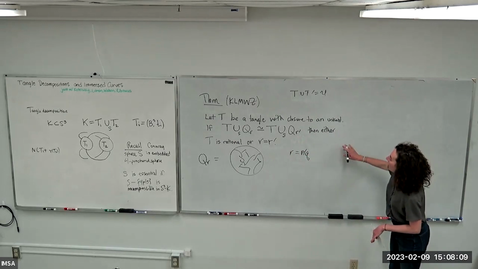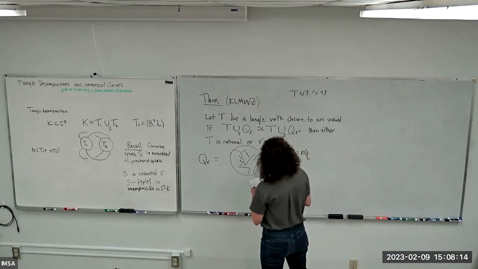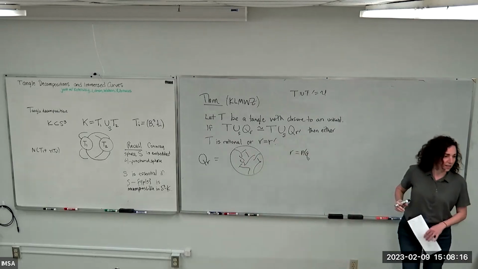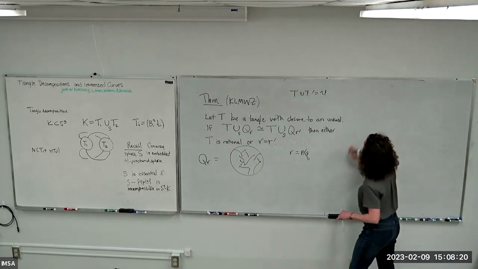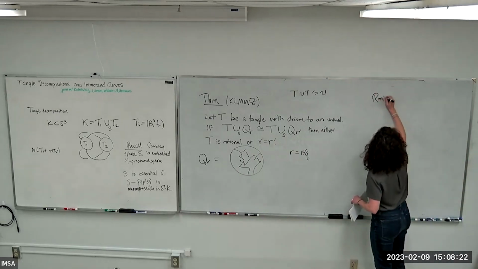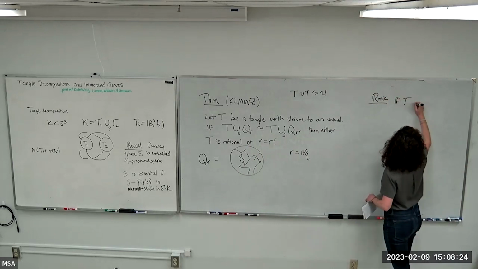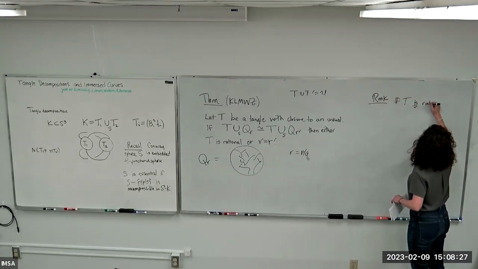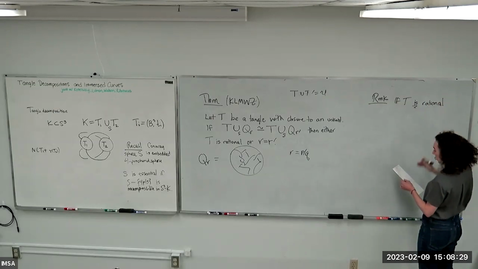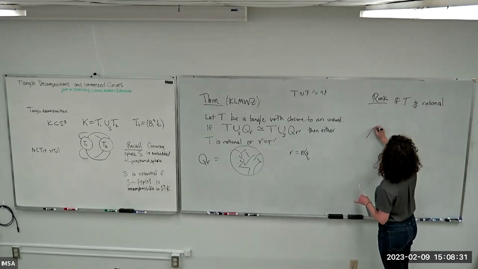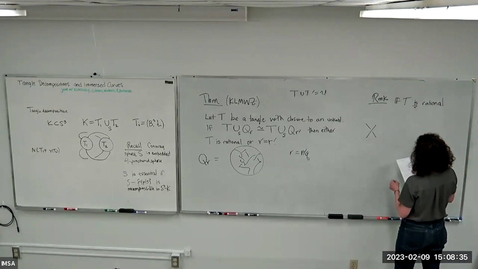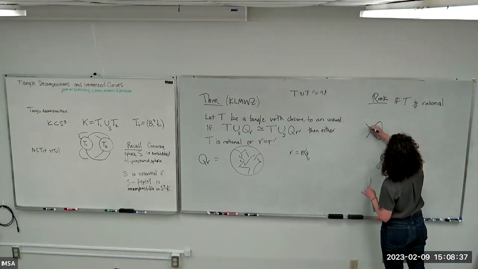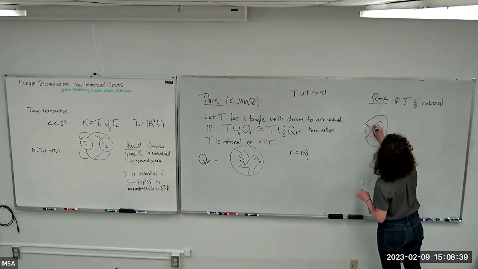So let me point out that if T is rational, there are silly cosmetic tangle fillings. As a brief example, let me take the rational tangle 1. Maybe that's -1, it doesn't matter, but let me close it in this way. I get an unknot.